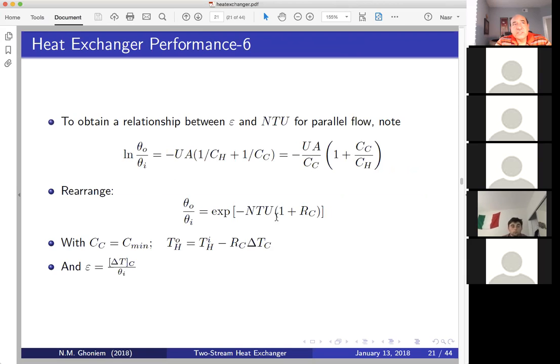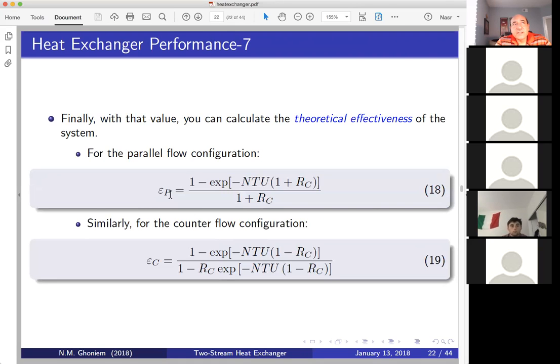So you rearrange it this way, and then you substitute what theta in and theta out are, and this equation produces equation 18, which is a purely theoretical relationship between epsilon and NTU. And this relationship is good for parallel flow. So this is what we described here for parallel flow.